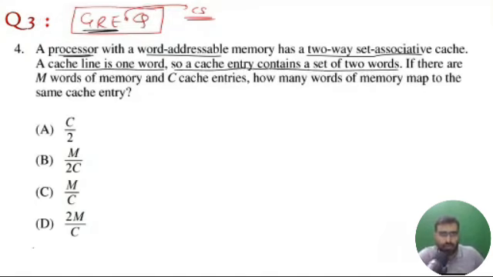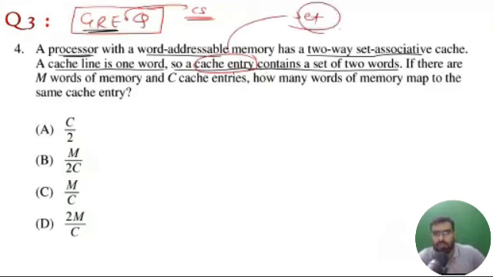The question is saying that a cache line is 1 word. In one cache line you have 1 word. Now it says a cache entry contains a set of 2 words. So what is this cache entry? This cache entry is basically a set, because this is a 2-way set associative cache memory.